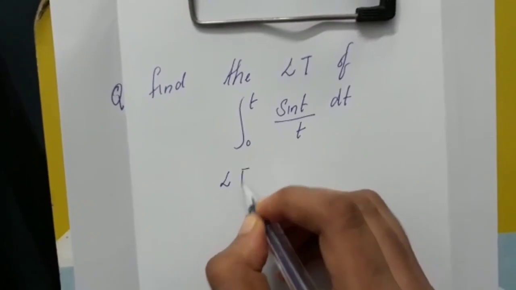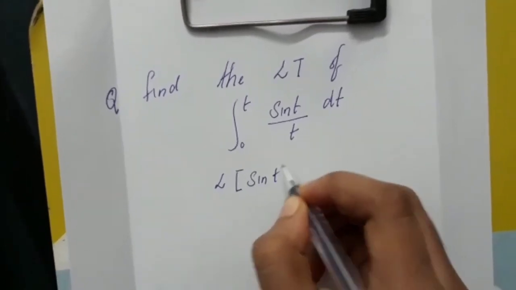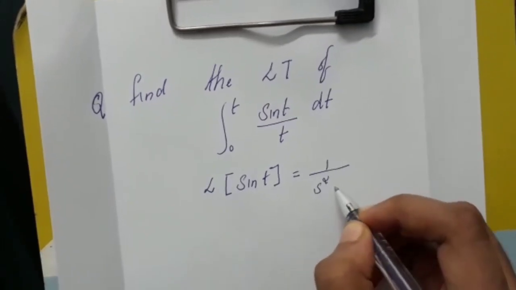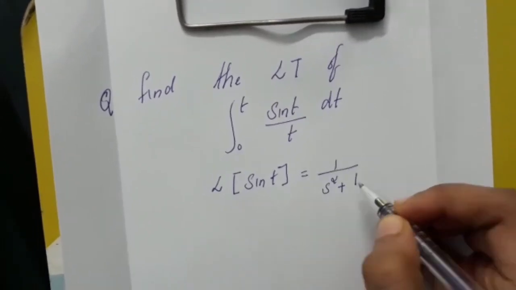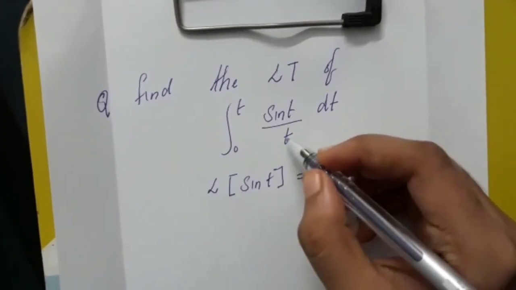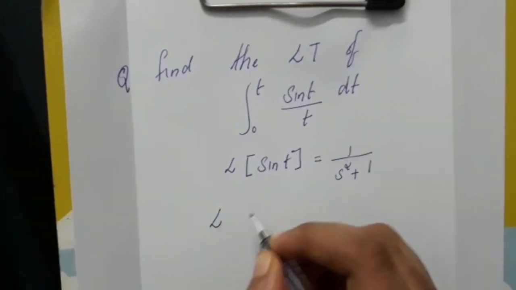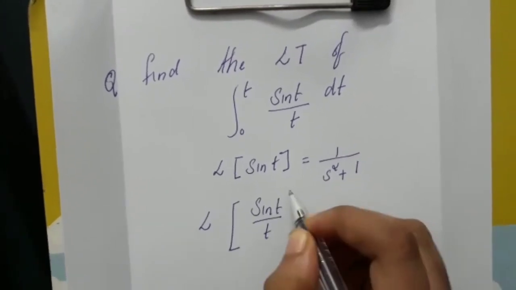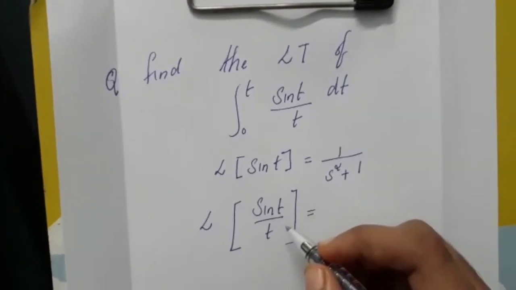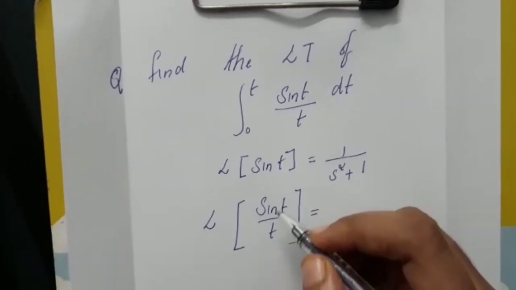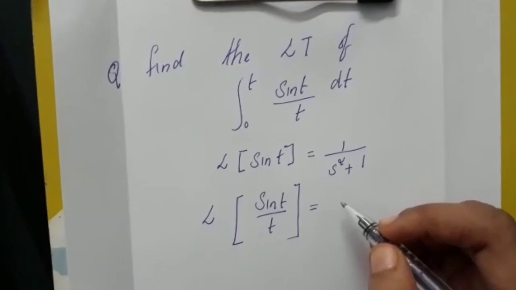So Laplace transform of sin t is 1 divided by s square plus 1. Then we need to find the Laplace transform of sin t divided by t. This is actually the property of division that we learned in the earlier classes.